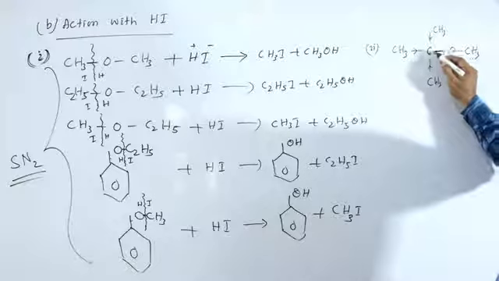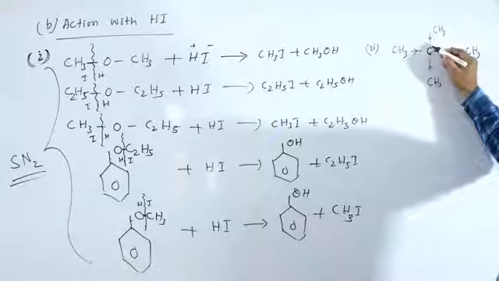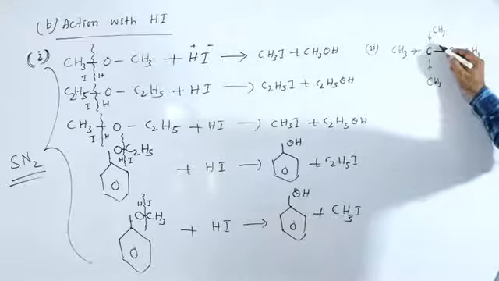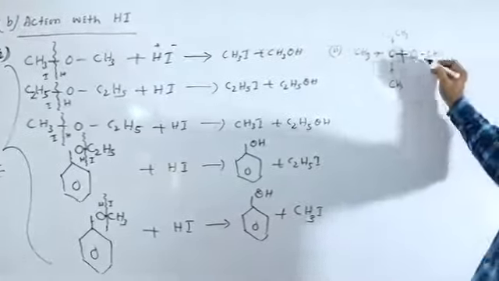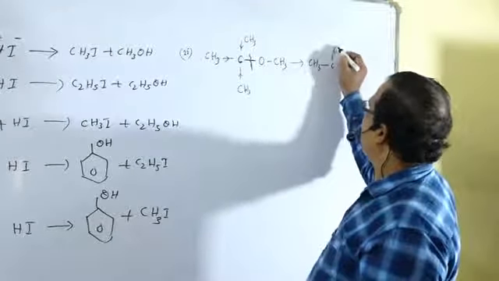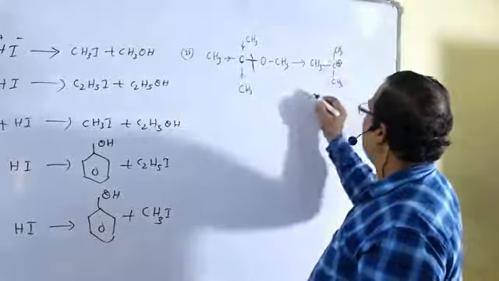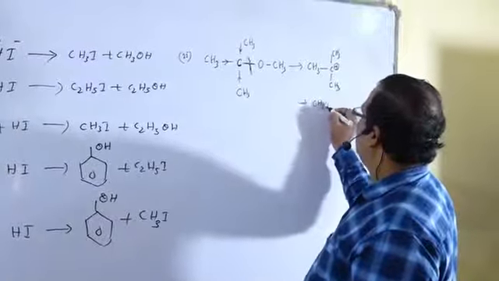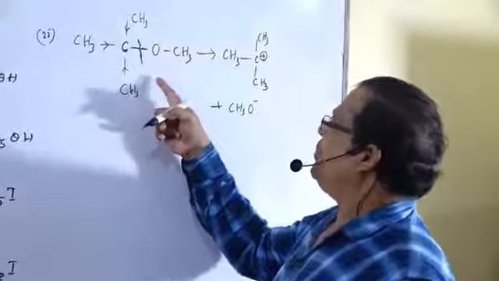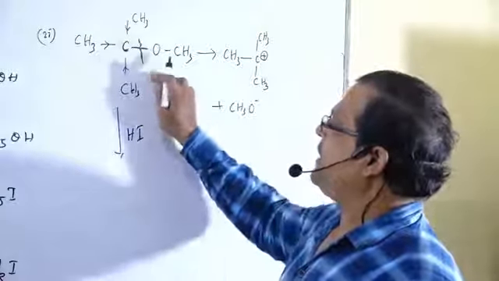They increase electron density over this carbon atom, which acquires negative charge, repulsion occurs, and this bond will break, forming the CH3 group C and CH3O minus. So what happens when HI is added? HI is added to this side.